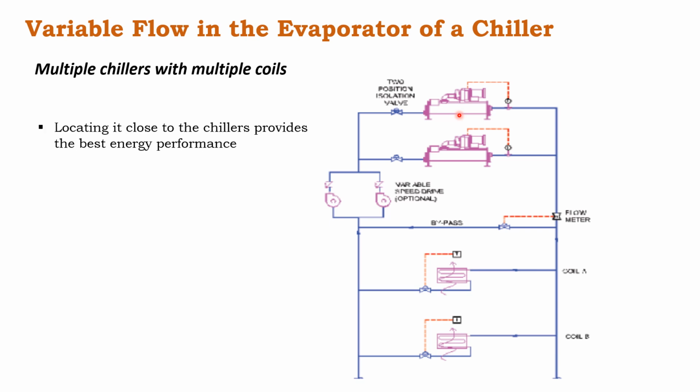So it is always better to locate the bypass line close to the chiller, which provides the best energy performance for multiple chillers with multiple cooling loads.